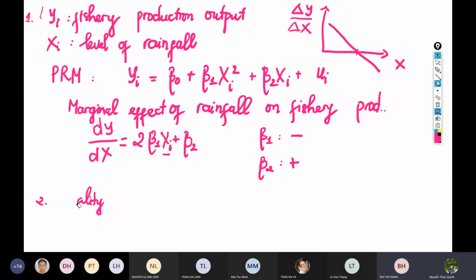Yeah, food quality. I don't know what we call the food that we use for the fishery production. Do you know what the word is? Fish bait? Yeah, fish bait.